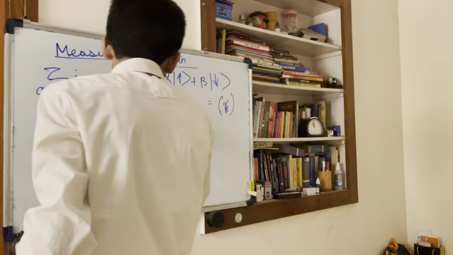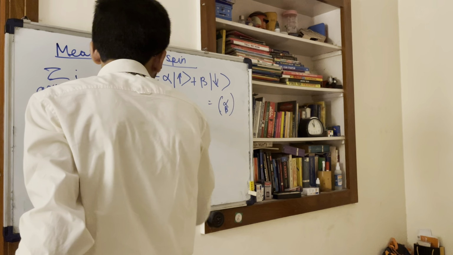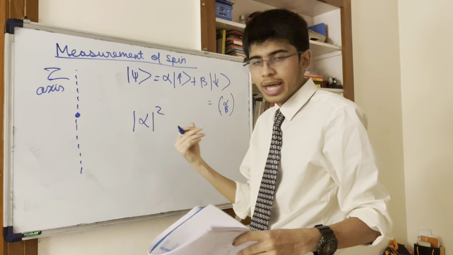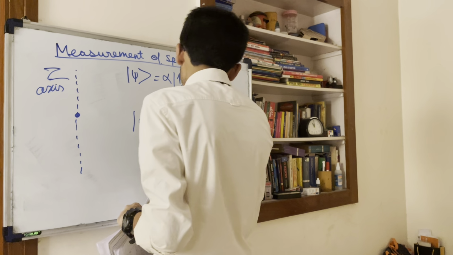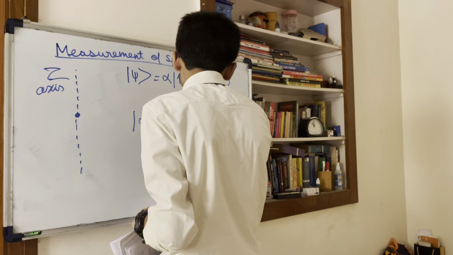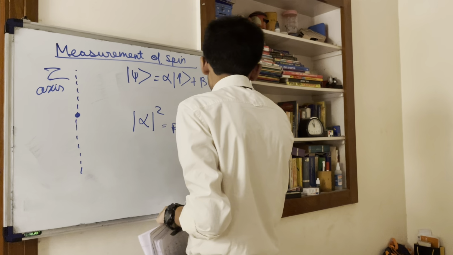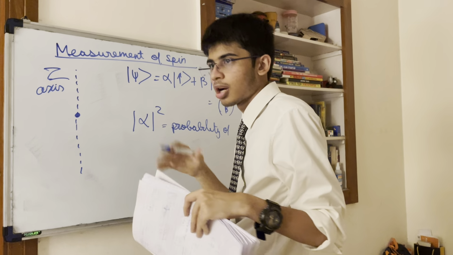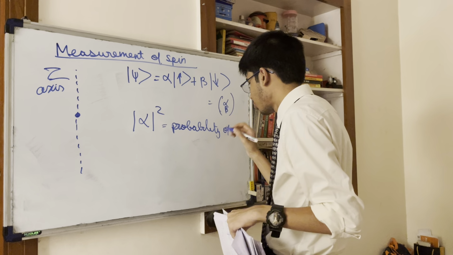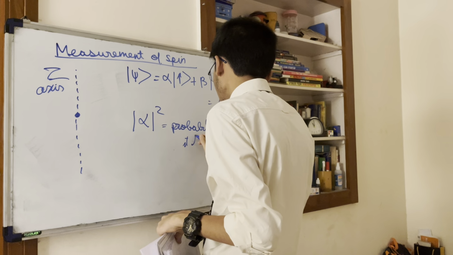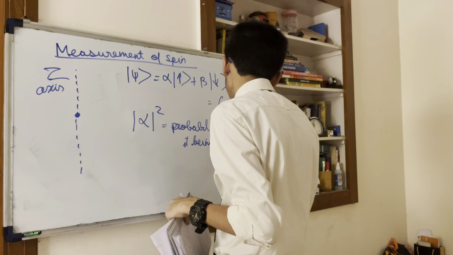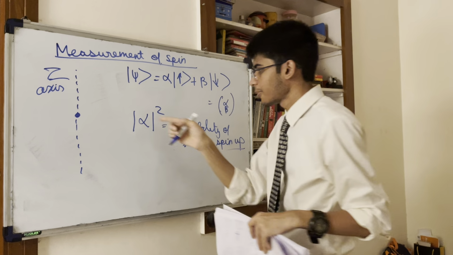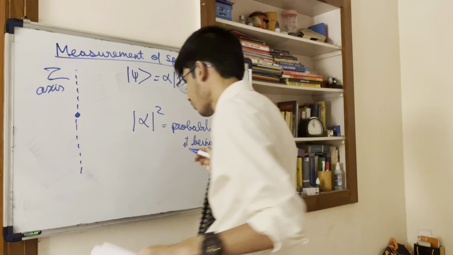When I take the absolute value of alpha and square it, I get the probability of the particle, electron, muon, tau, neutrino, any particle, being spin up. That will be mod of alpha squared.